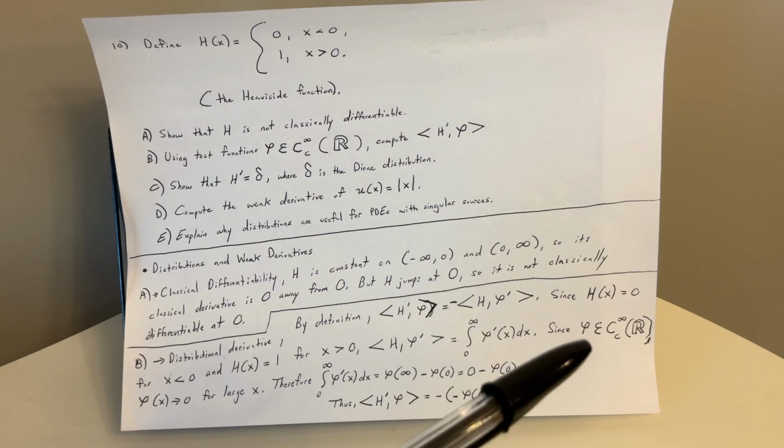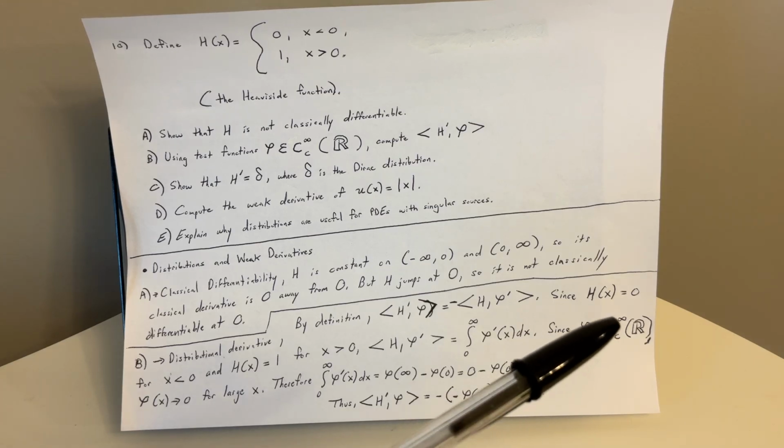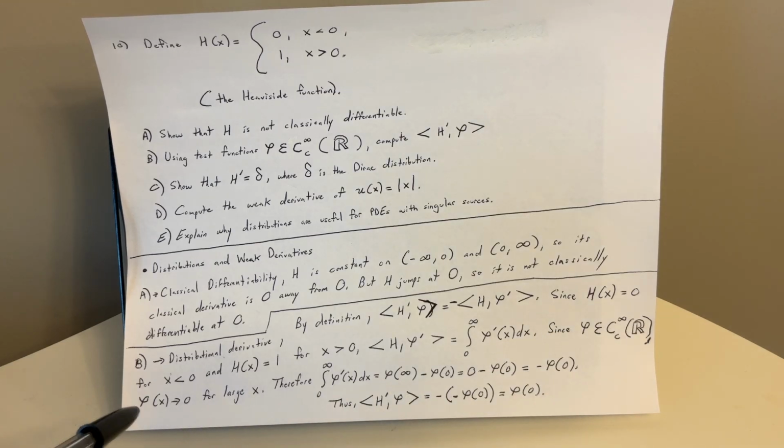Since phi is an element in C sub c infinity of R, phi of x goes to 0 for large x. Therefore, this integral from 0 to infinity of phi prime of x dx equals phi of infinity minus phi of 0, and that equals 0 minus phi of 0, which equals negative phi of 0. Thus, the inner product here equals negative of negative phi of 0, which at the end becomes equal to phi of 0.